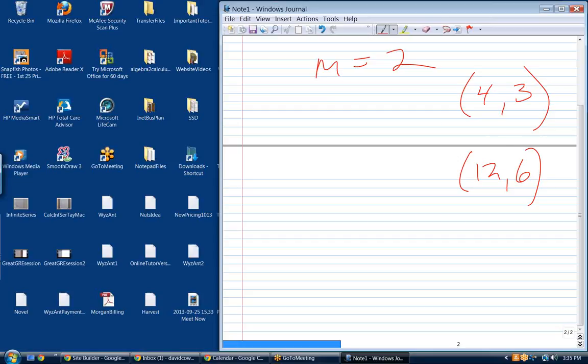But the tricky part is, let's say they give you slope and 1 point. Now, you have two ways to solve this. You can use the slope-intercept form, or you can use the point-slope form to solve it. Personally, I think point-slope is a little easier, and it is called point-slope because that's all it needs, is 1 point and 1 slope.